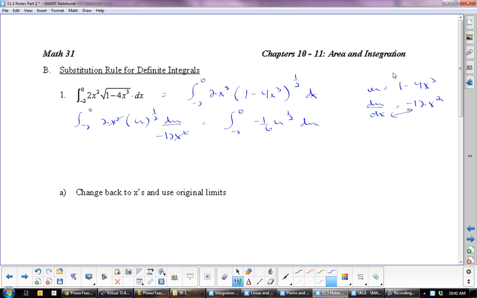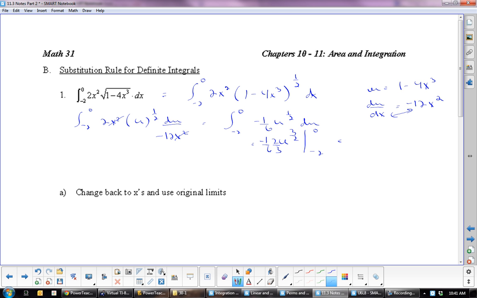Okay, so if we take the integral of that, this will be 1/6 times, so 1/2, if we add 1, that'll be 3 over 2, right? So we're going to have u to 3 over 2, so I'm going to put a 2/3 here. And then we write it like this, because we've done the integral.